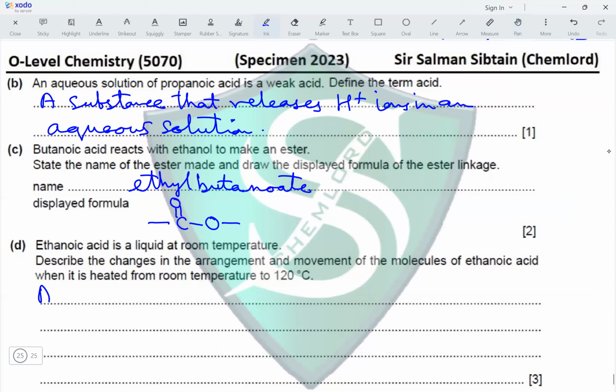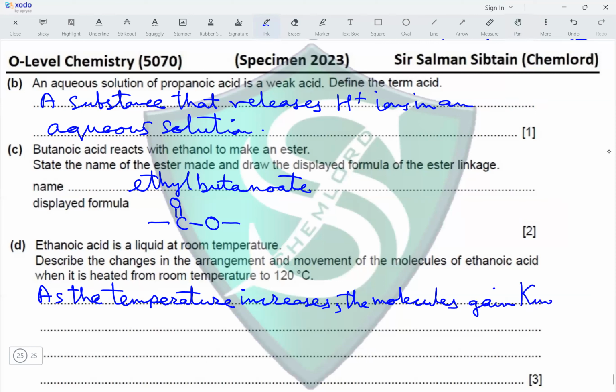We will say as the temperature increases, the molecules gain kinetic energy. Okay, we can also say they gain kinetic energy and move faster, right? So by gaining energy, they are moving faster.